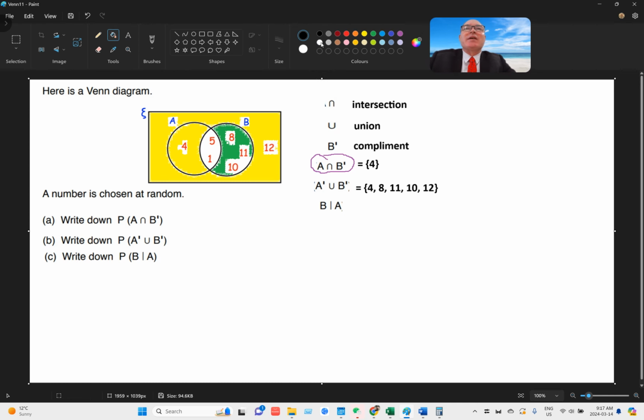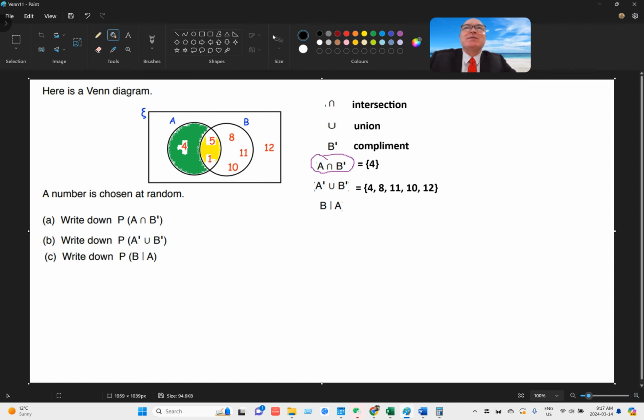Let's reset our colors. White, white, white. Now what this means is we want to know what's in B, considering that we're only looking at A first. What does that mean? Well, first of all, I'm only going to be looking at A. Once I'm only looking at A, I want to know what's in A that's part of B. That's right there.